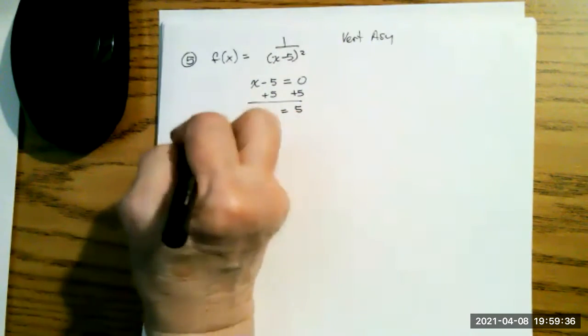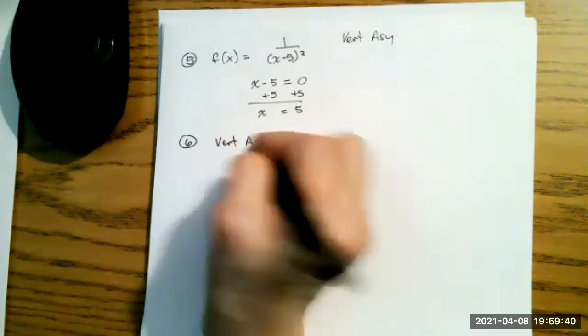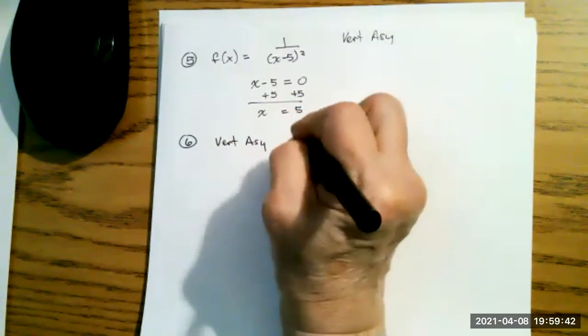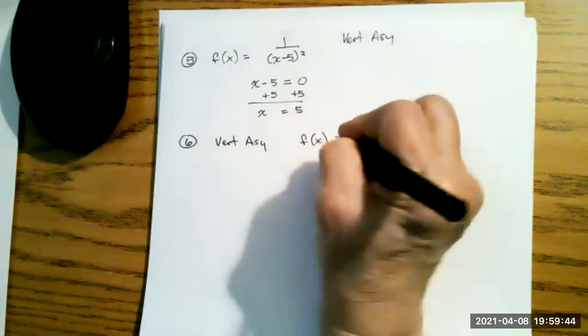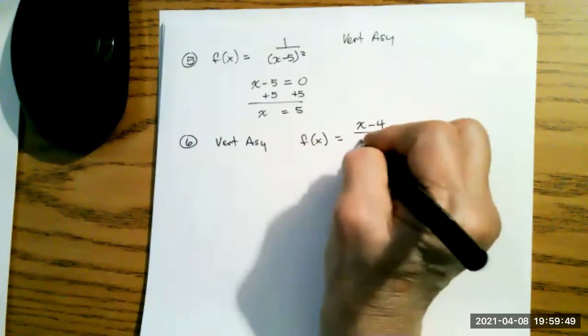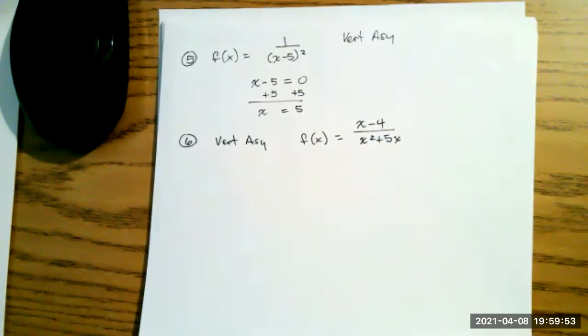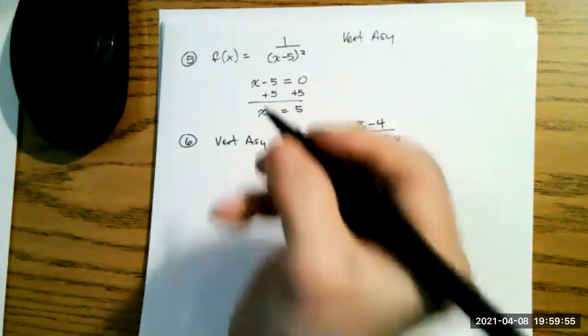Number 6, you have to find the vertical asymptotes. And you have f of x equals x minus 4 over x squared plus 5x. Again, you're using the bottom.